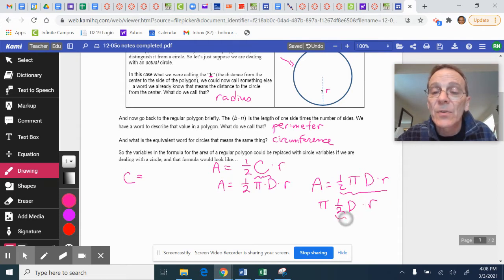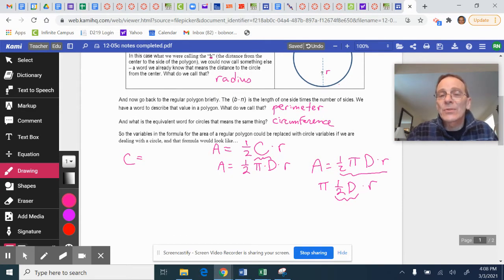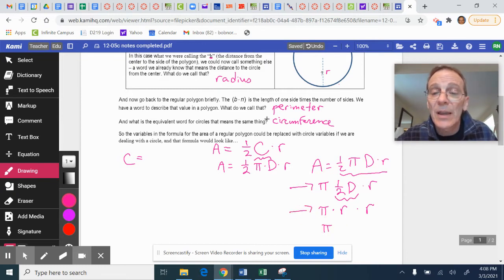Now I ask you, what is 1/2 of the diameter of the circle? That 1/2 diameter can be replaced with something a little bit simpler. What is 1/2 of a diameter? It's the radius, isn't it? So this formula turns into this formula, which turns into pi r squared, because r times r is r squared.